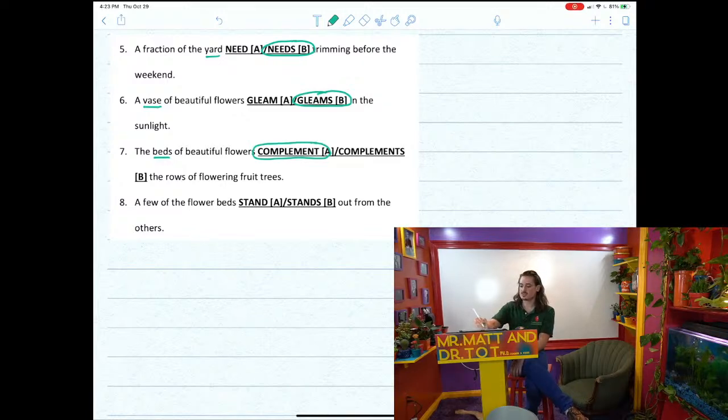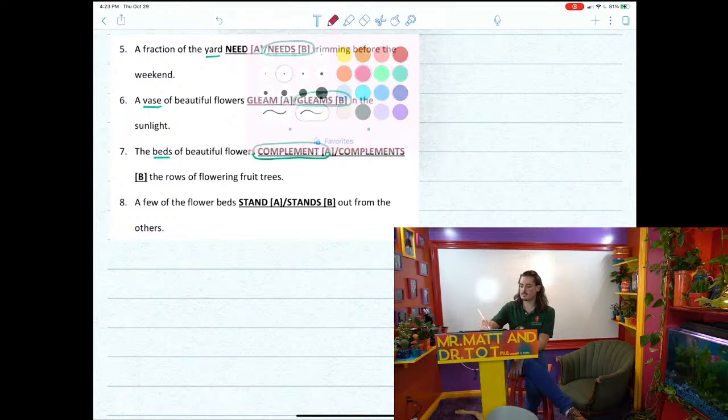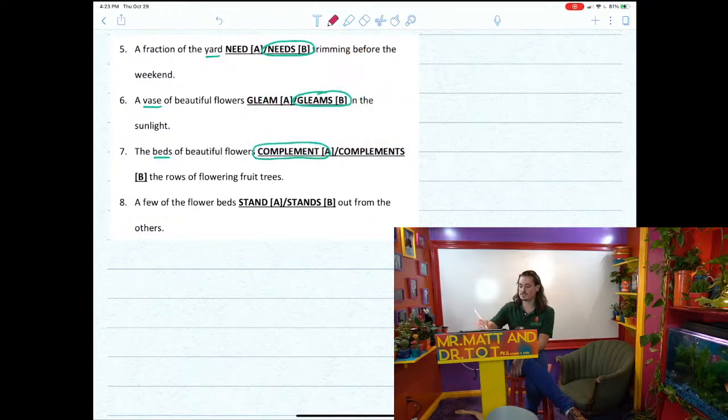And just a side note here on vocab, complement with an E versus compliment with an I. To complement with an E means to add together to make a whole.